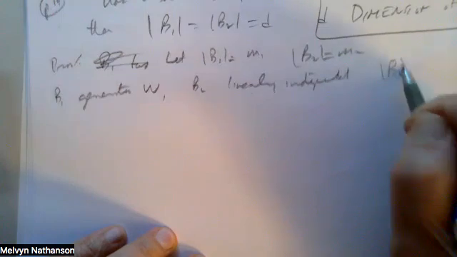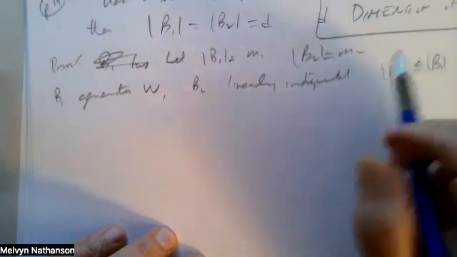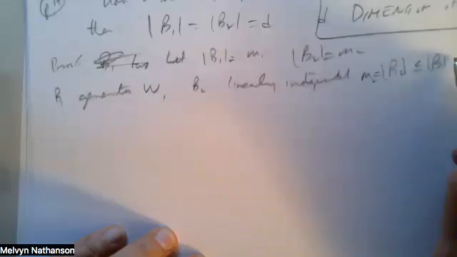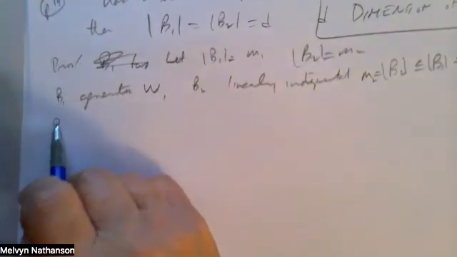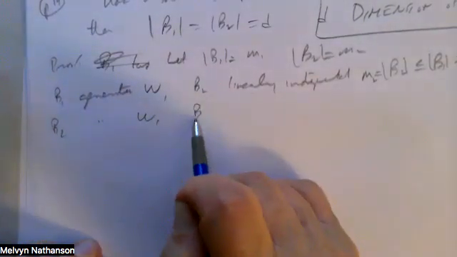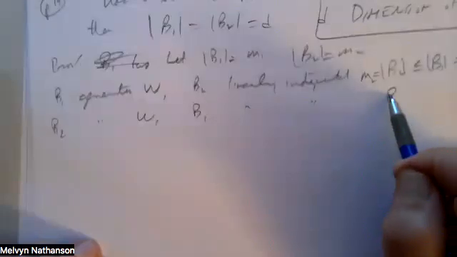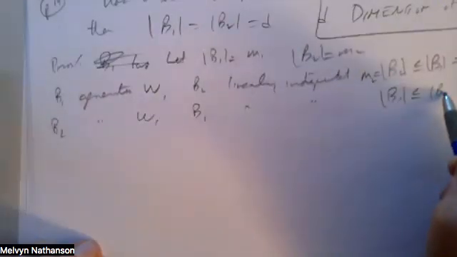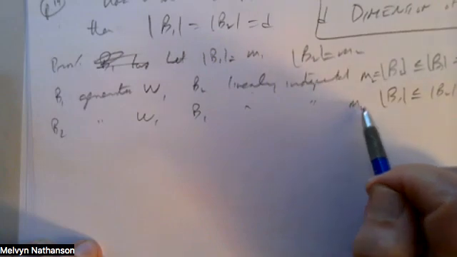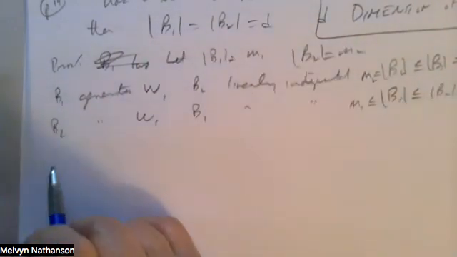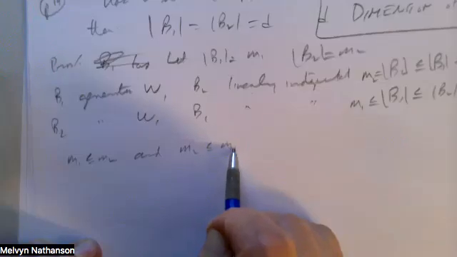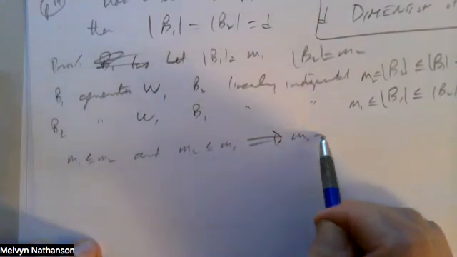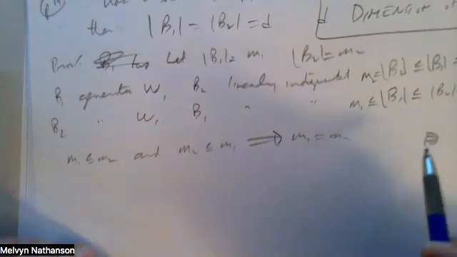So if B2 is linearly independent, then the cardinality of B2 is less than or equal to the cardinality of B1. So m2 is less than or equal to m1. And then you just repeat the argument. B2 generates W, B1 is linearly independent. So the cardinality of B1 is less than or equal to the cardinality of B2. So m1 is less than or equal to m2. If m1 is less than or equal to m2, and m2 is less than or equal to m1, this implies m1 equals m2. That's the key.